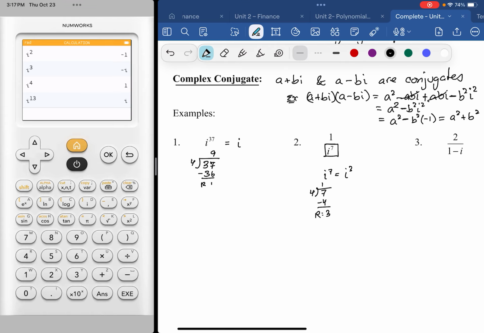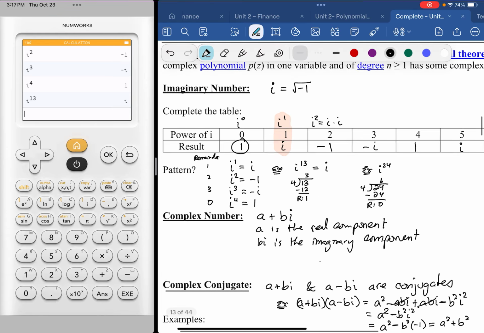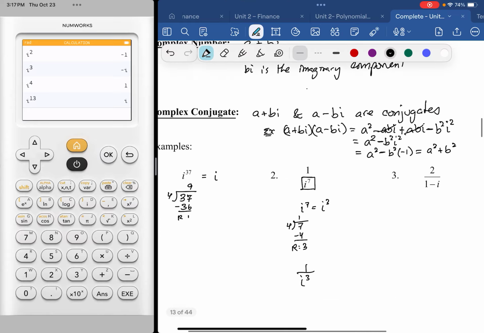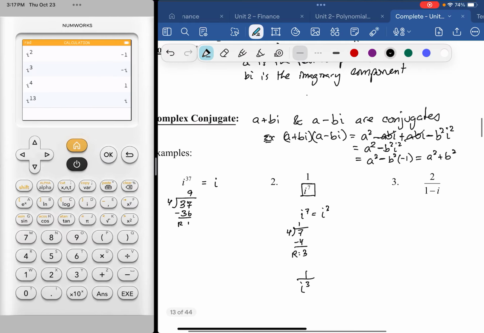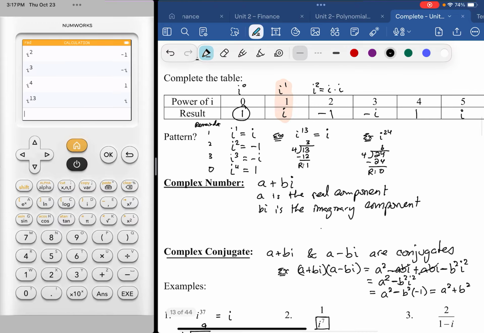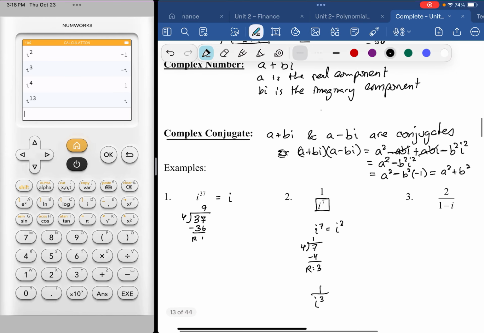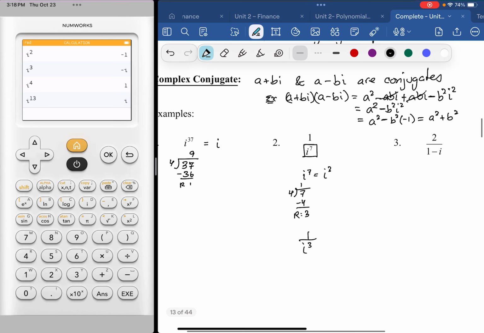All right. So I would rewrite this as 1 over i to the 3rd power, knowing that i to the 3rd is equal to -i. Or actually, I don't even have to do that, because if I know that i to the 3rd is equivalent to -i, I could just jump right to that. So I'll write it as 1 over -i.